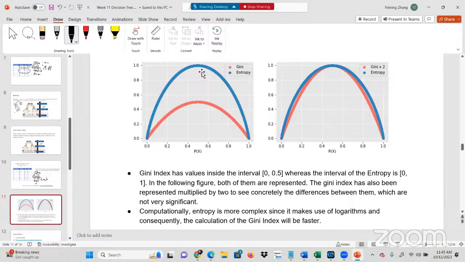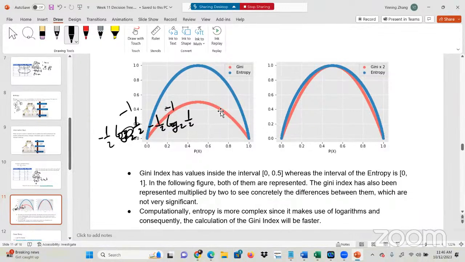And when it's half, the Gini impurity value is 0.5, and the entropy is 1. If it's half, you can see half times log 2 of half. What's the result? It's -1. So this is also -1, so added together is 1. When entropy is 1, the Gini impurity value is 0.5.